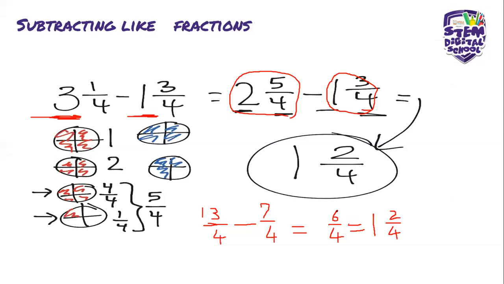Or, what they did here in this step was they took one whole and they added it to this part here. So you take away a whole from here, you're left with 2. Then you add a whole to here. So you're adding a quarter plus 4 over 4, which gives us what? 5 over 4.